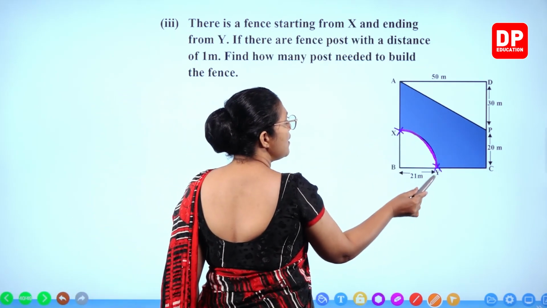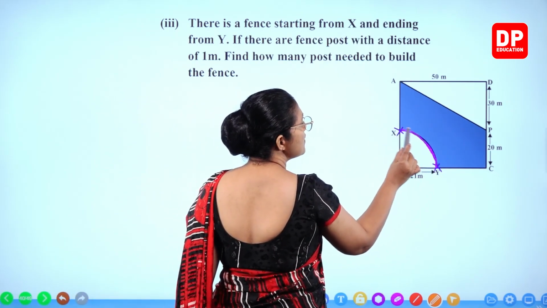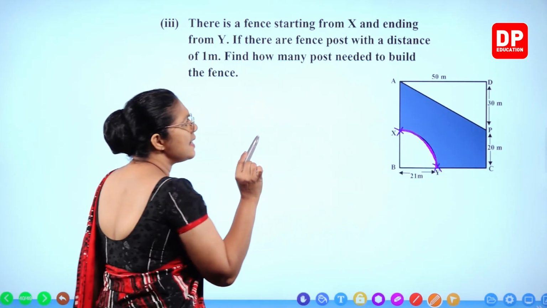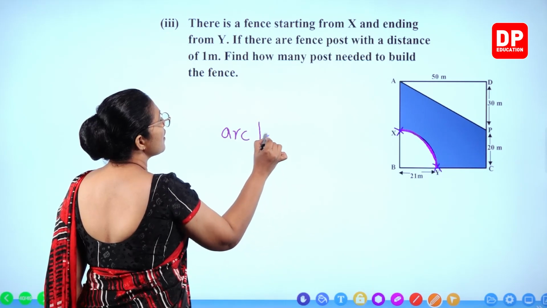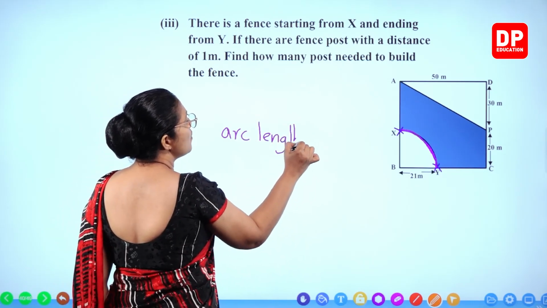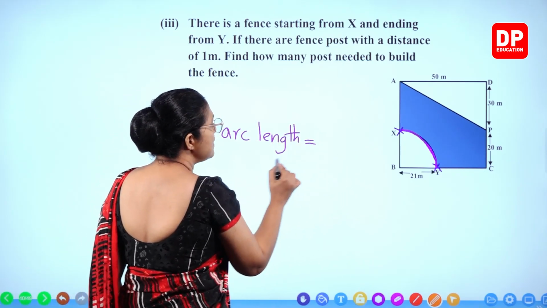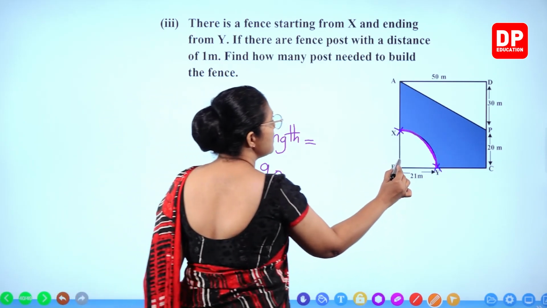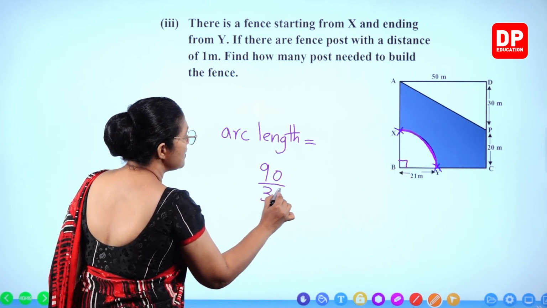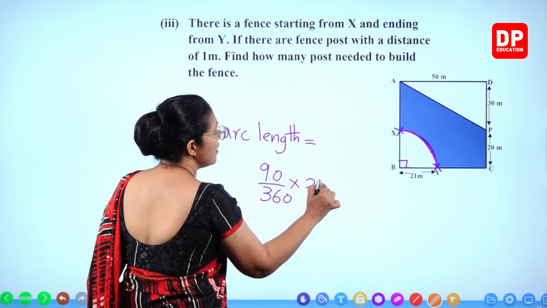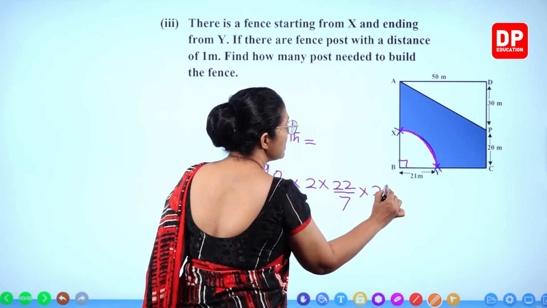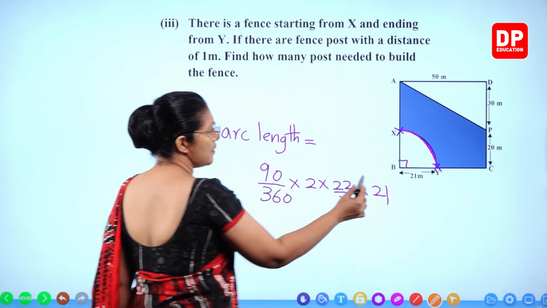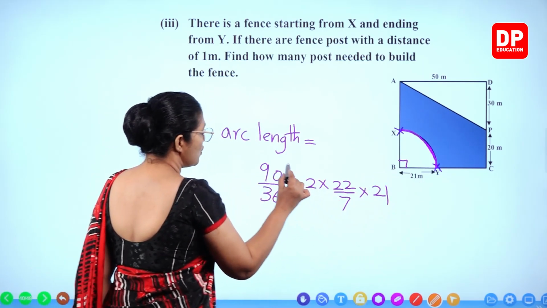So this is an open area. This is open part. So what is the length? So you need to first find the arc length. Arc length is equal to, angle is 90. This is 90. 90 over 360 into 2 pi r.